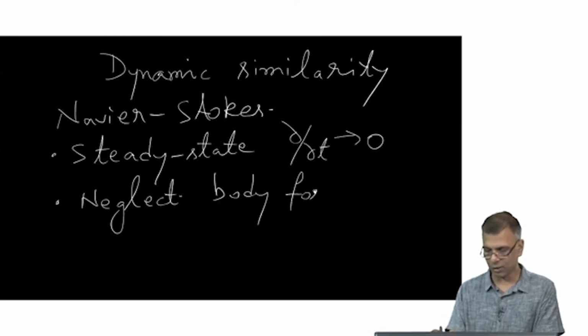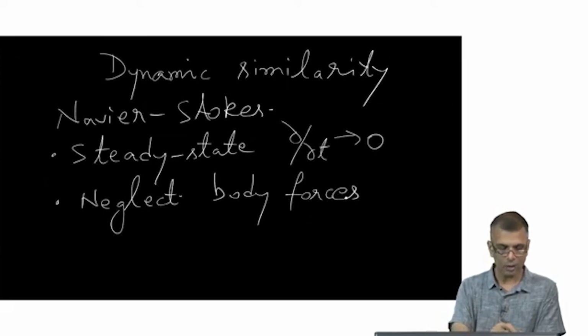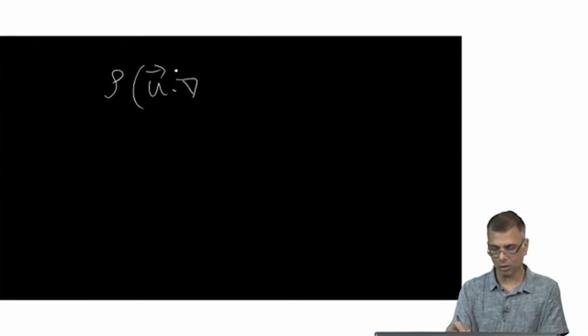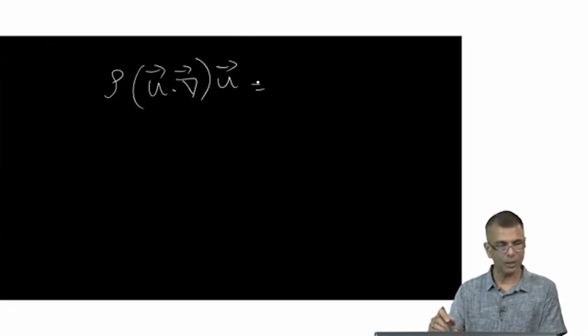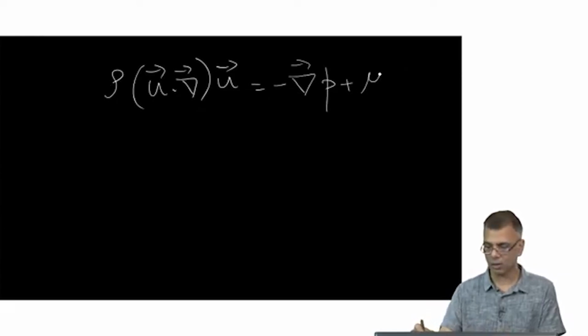such as gravity. If we do that, the Navier-Stokes equation is simply rho times the inertial term. So this is MA, so to speak, and the MA can be due to pressure gradients, and there's also the viscous term.